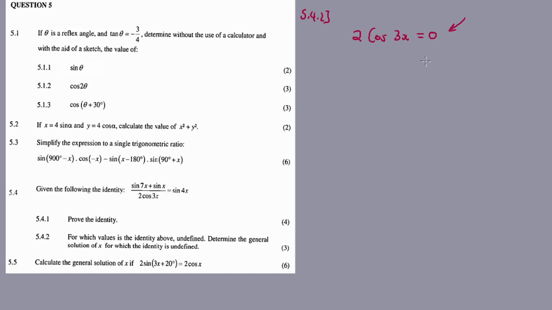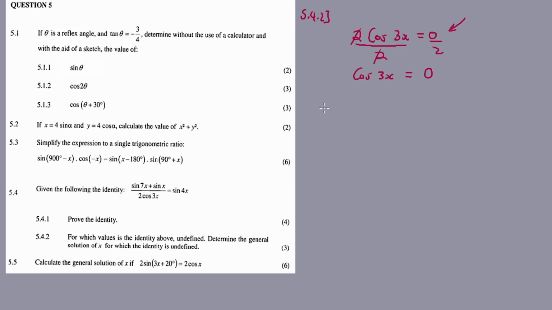Okay, alright, then we simplify. We want the general solution for x, where cos 3x equals 0. Don't be confused that the 0 is at the top this time, so 0 divided by any number is always 0.